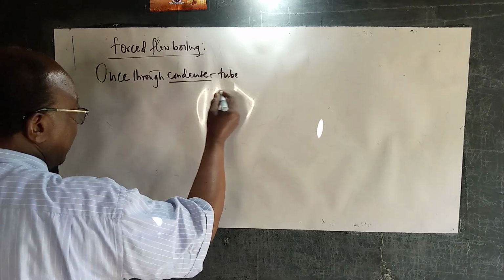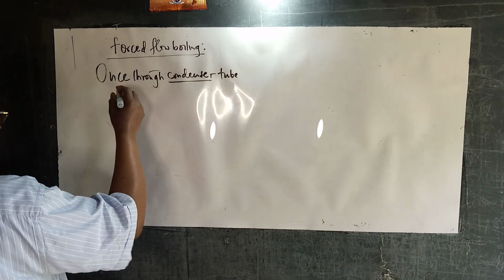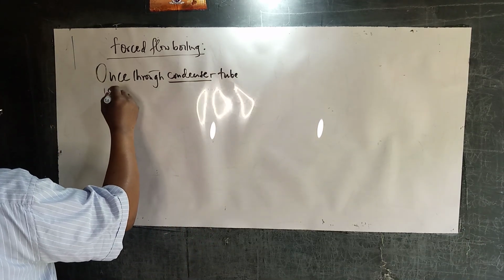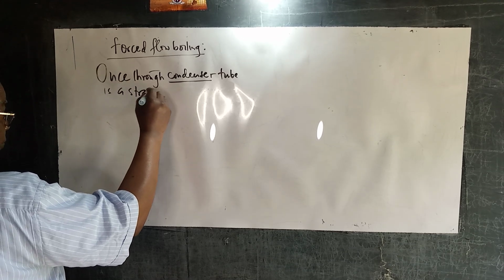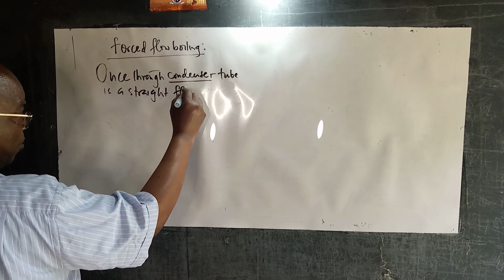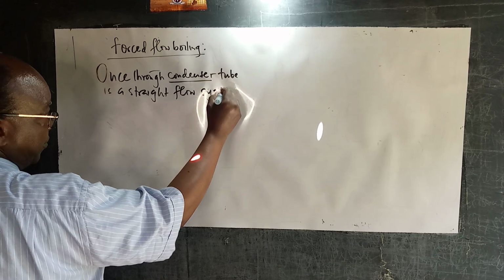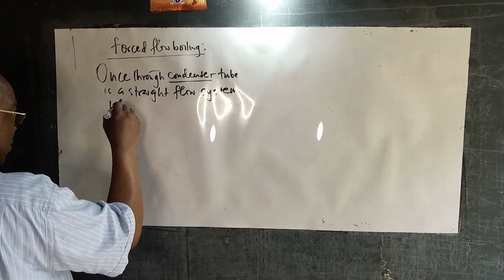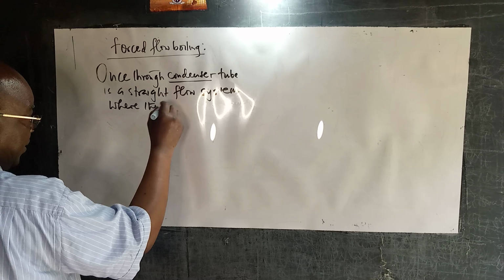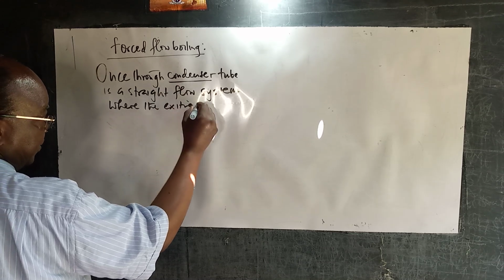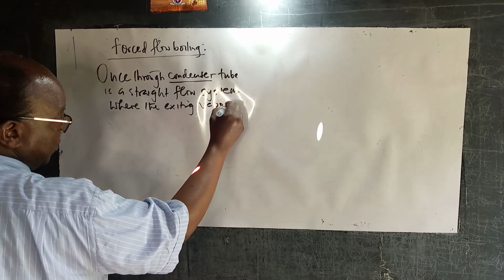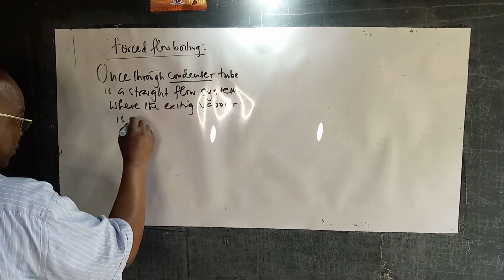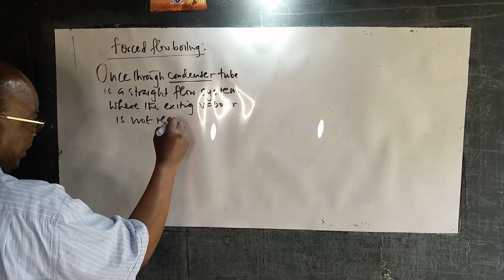So we're saying this once-through condenser tube is a straight flow system where the exiting vapor is not recirculated.